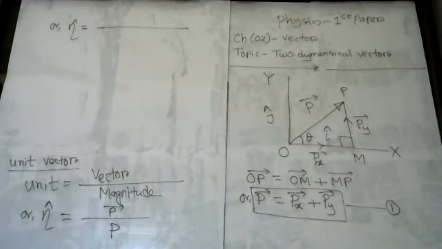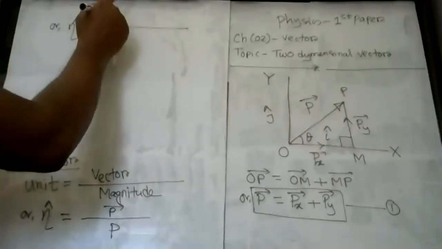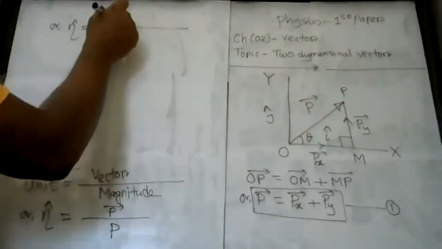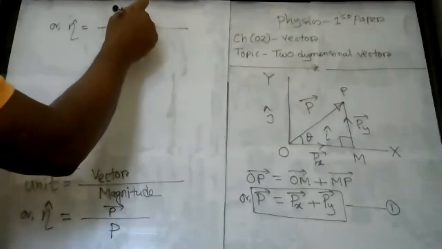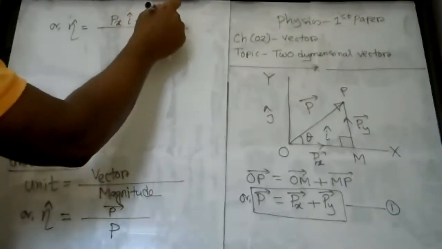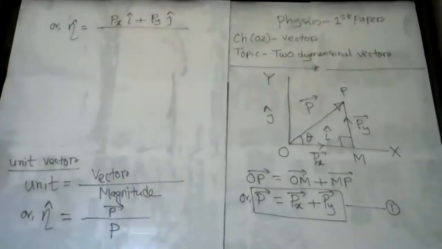P equals, in the simple case, Px i hat or i cap plus Py j hat or j cap.